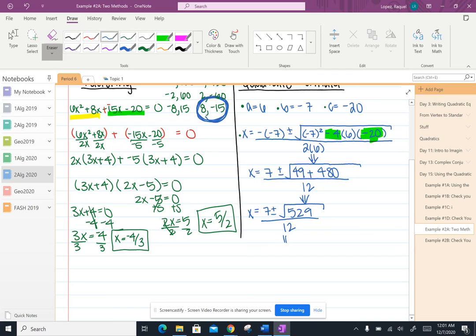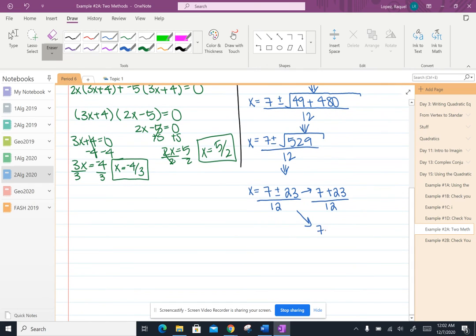What's nice is that 529 is a perfect square. If you plug that into your calculator, the square root of 529 is going to be 23, all over 12. So my two solutions are 7 plus 23 divided by 12, and the other one is going to be 7 minus 23 divided by 12.